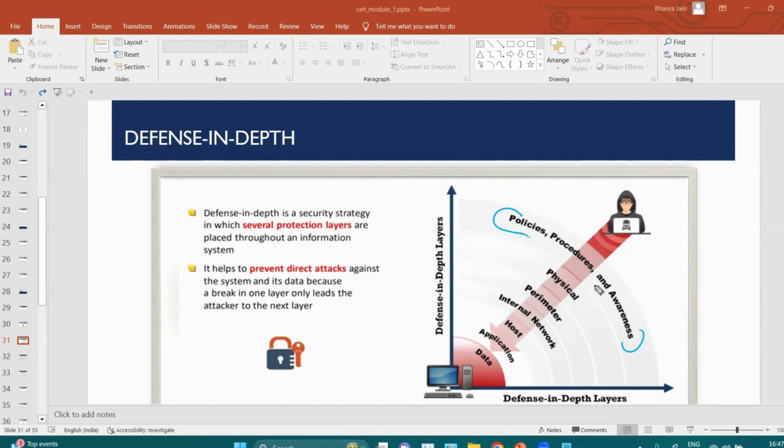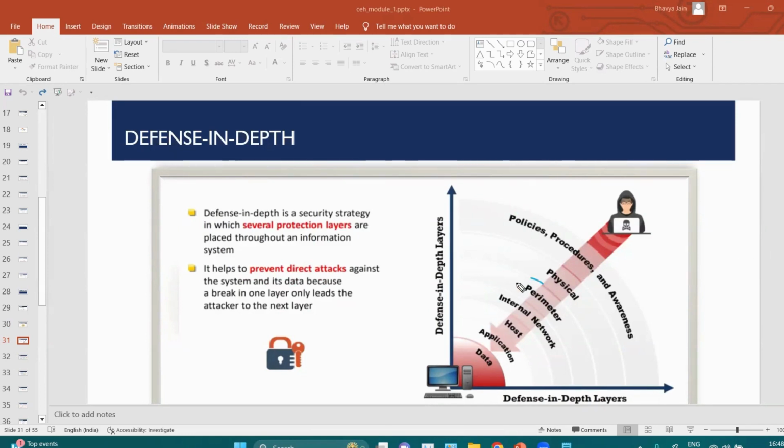So this is the first layer. The second layer is the physical layer, where you are implementing fences, watchmen, and so on. In perimeter security, you are applying CCTV cameras and security guards.